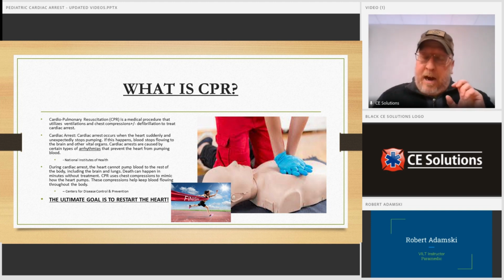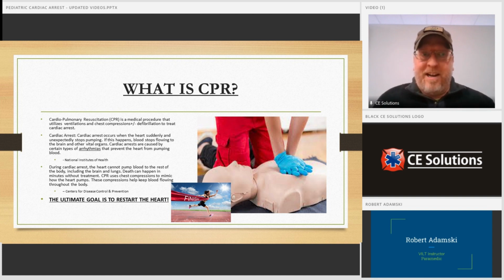It combines artificial ventilations with a pocket mask, with an ambu bag or BVM, or even mouth-to-mouth resuscitation in an emergency as a last-ditch effort, okay, if you don't have any other options available to you, and then combines that with chest compressions to treat cardiac arrest. All right. That's what CPR is. So it's a medical procedure that utilizes both artificial ventilations and chest compressions to treat cardiac arrest.